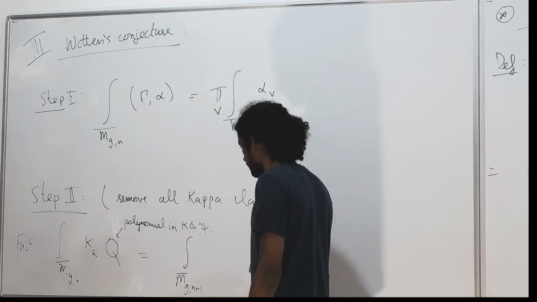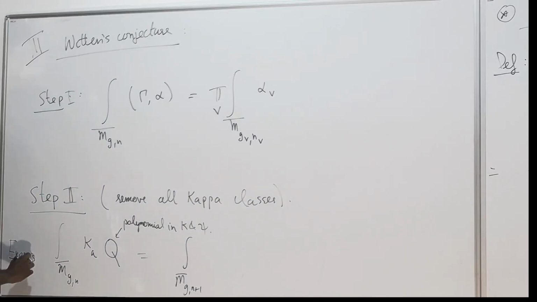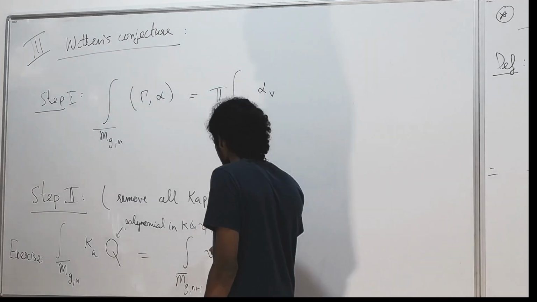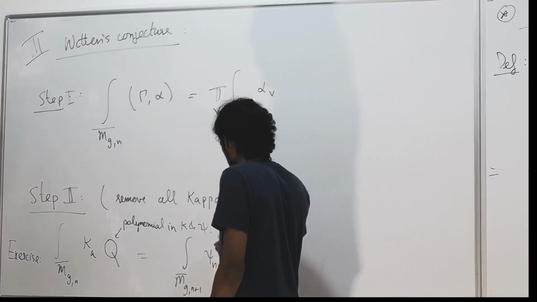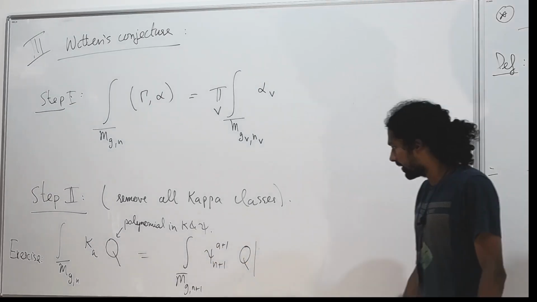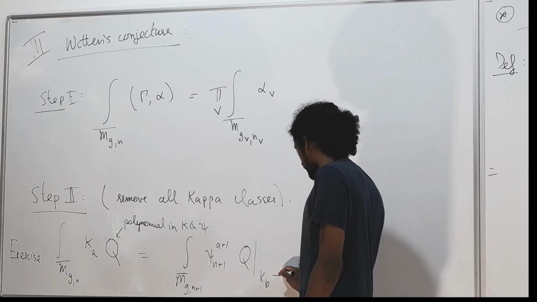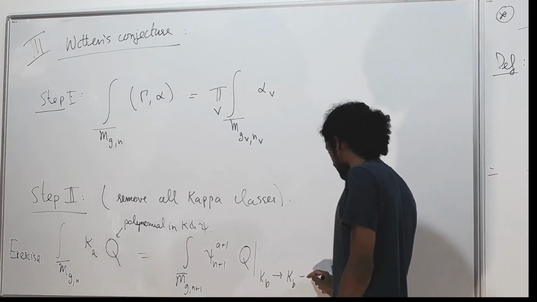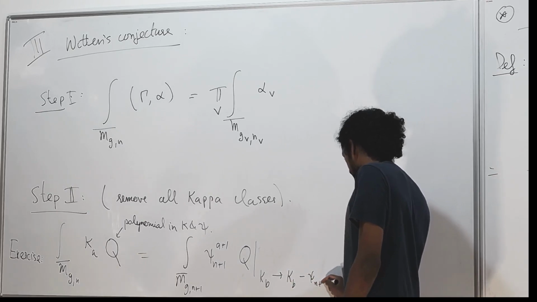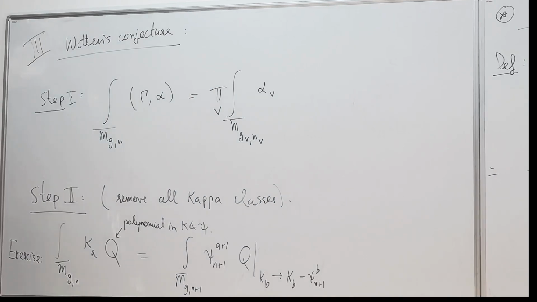Well, actually, this is an exercise, which is that you put psi n plus 1 to the a plus 1, and you take your Q. If you see a psi class, you don't do anything. If you see a kappa class, you replace it by kappa class minus psi n plus 1 to the power. This is not too hard to show. When I say it's an exercise, I lied a bit.